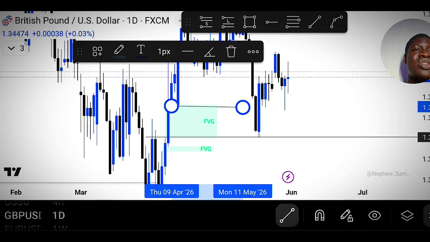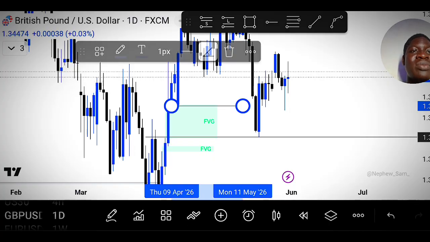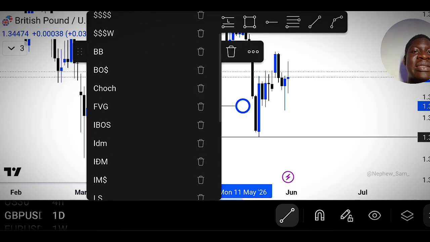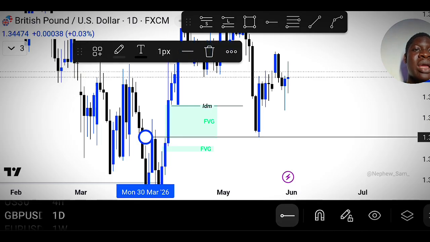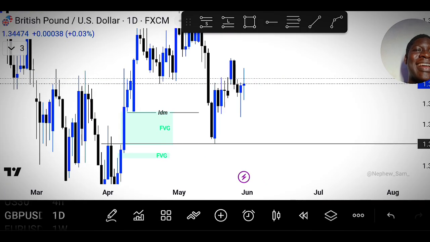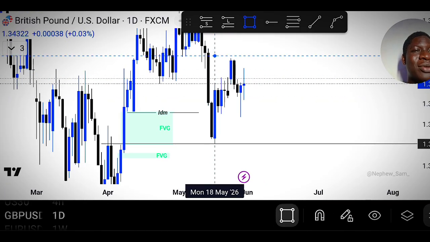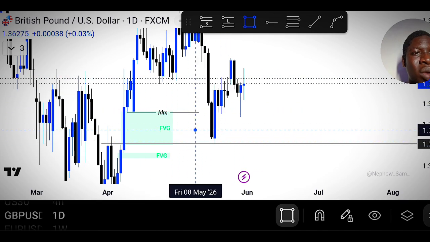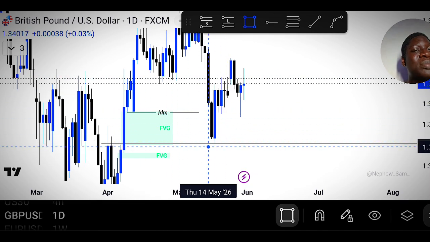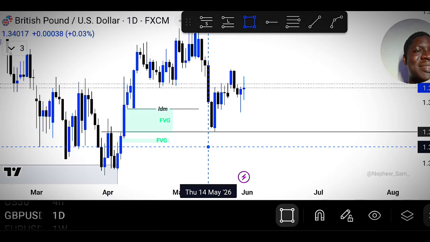This is our inducement, IDM, and this is our breaker block. When the market tapped the breaker block again, you can see that the market also reacted to this breaker block. The market tells us, okay, SP, we are buying this market.